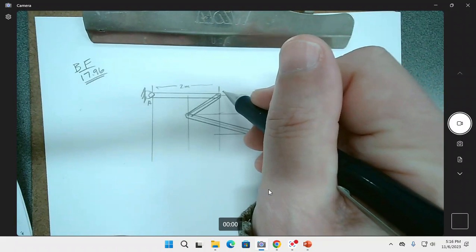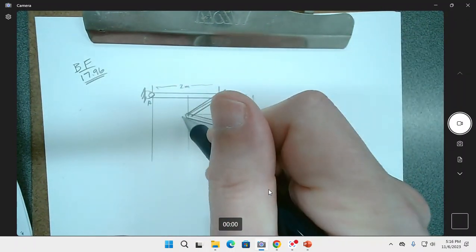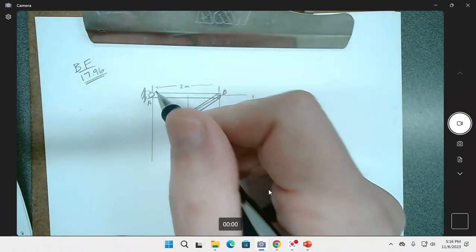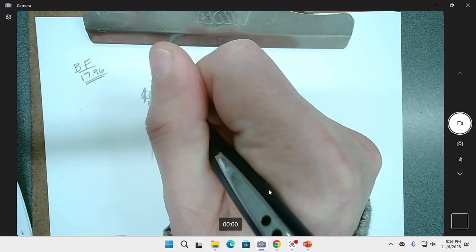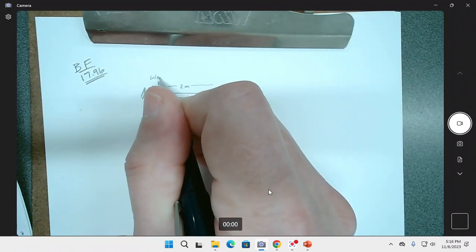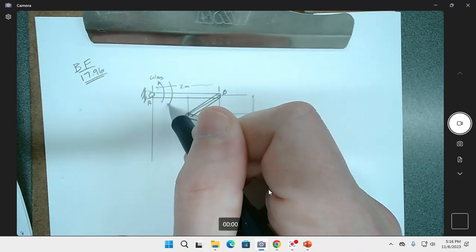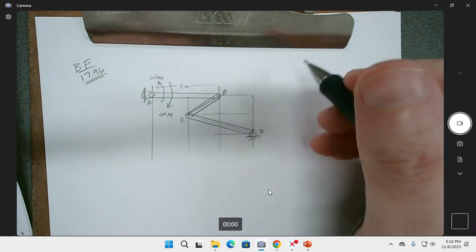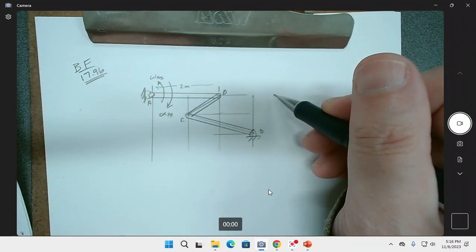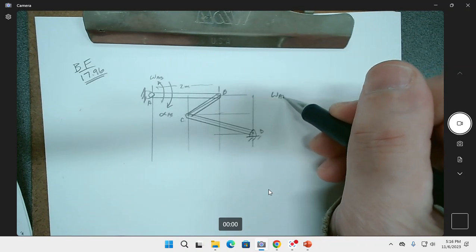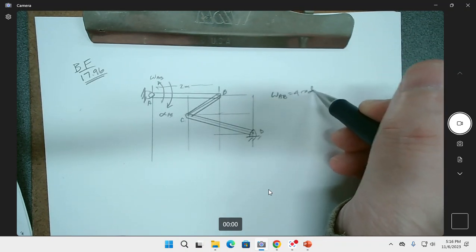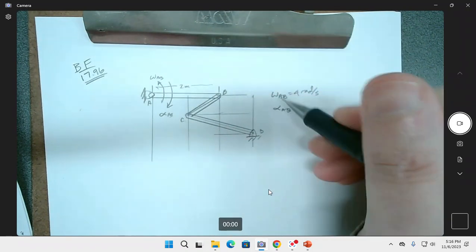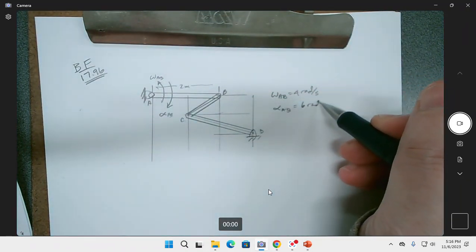Its lettering is A, B, C, and D. This is rotating that direction at omega AB, and it's going this way at alpha AB.